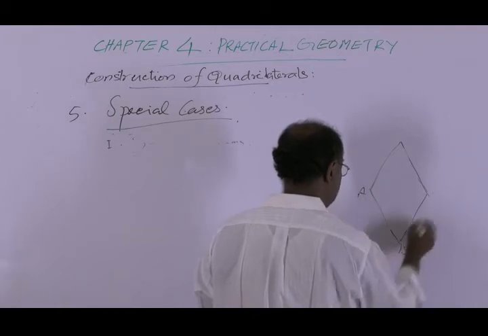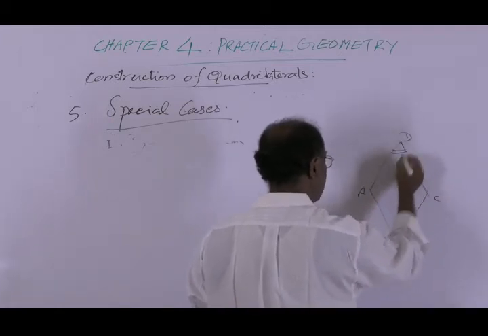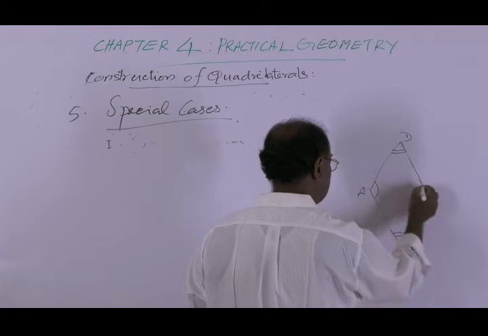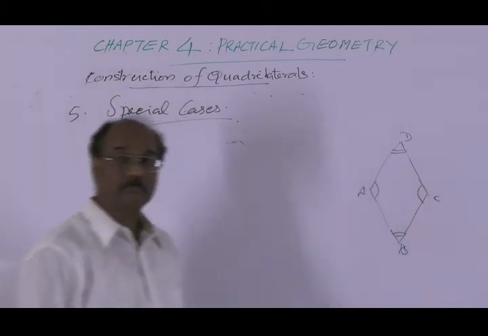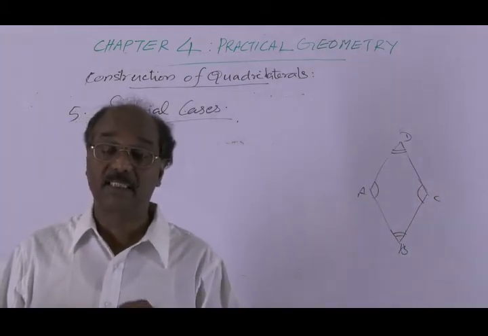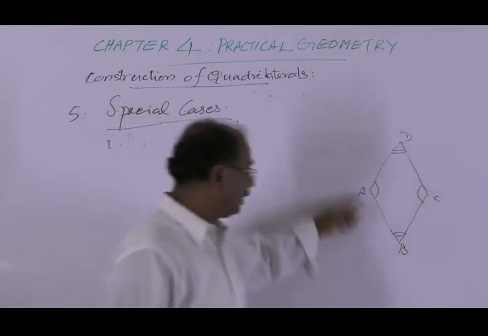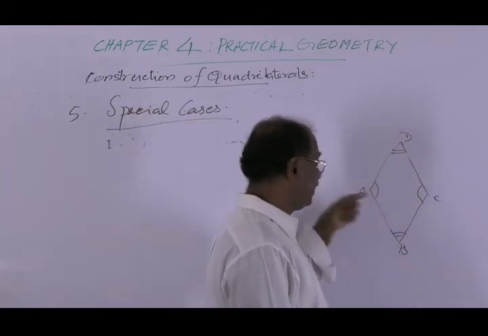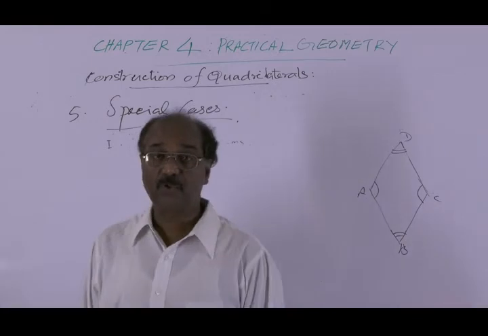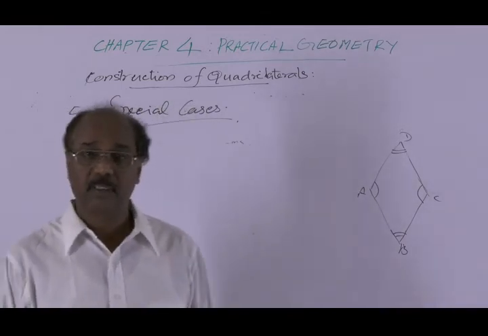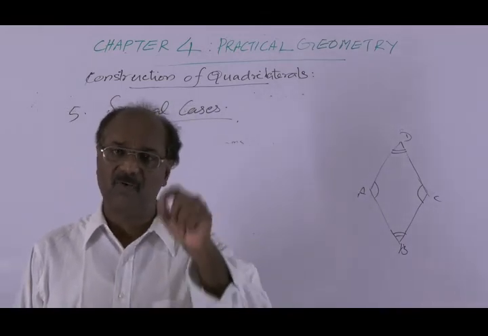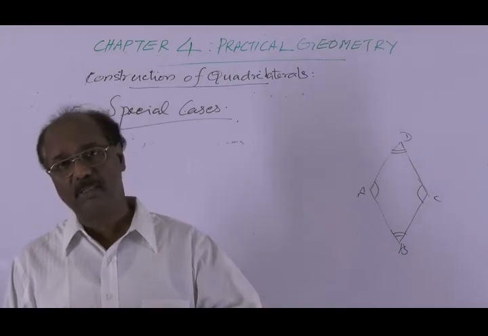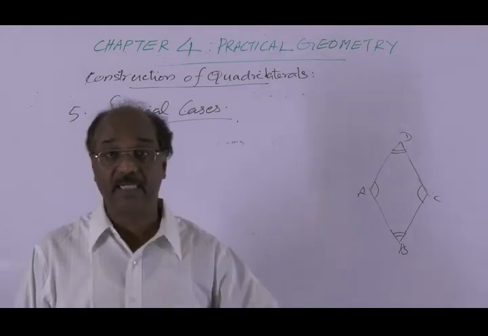So A, B, C, D. These 2 angles are equal, these 2 angles are equal. Opposite angles equal, all 4 sides equal. This AB equals BC equals CD equals DA. Therefore, to construct such a rhombus, the minimum requirement is one side length, which will be the length of all sides, and one angle.